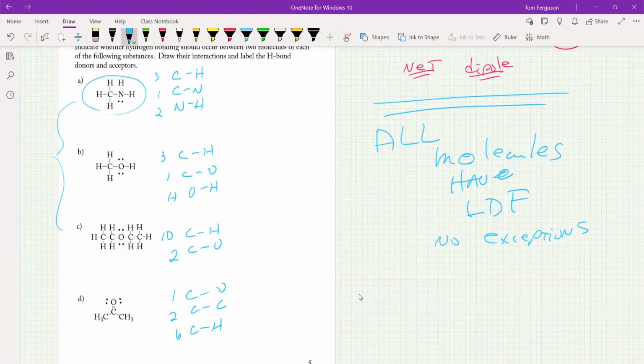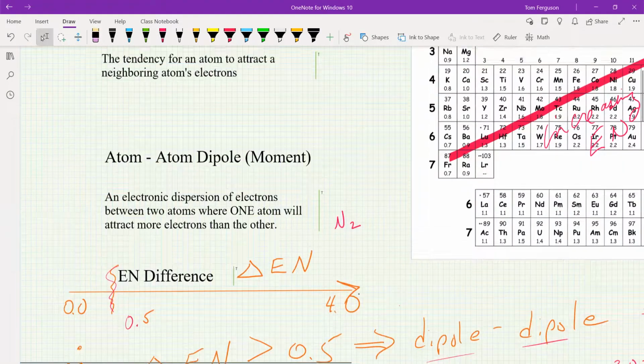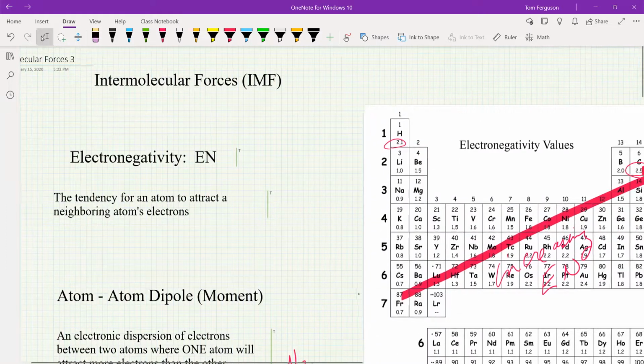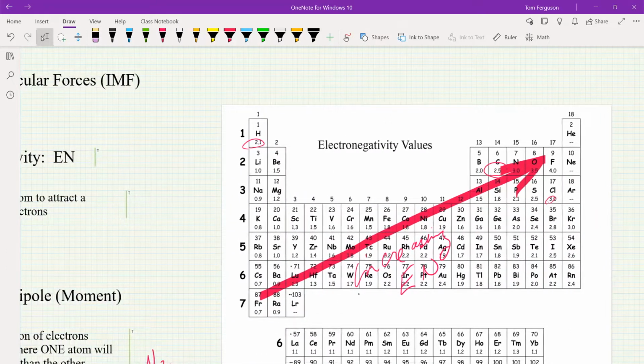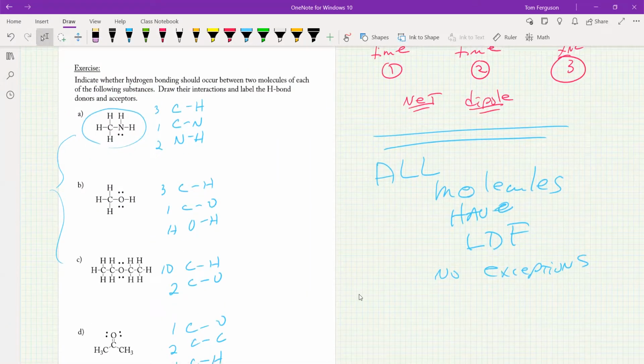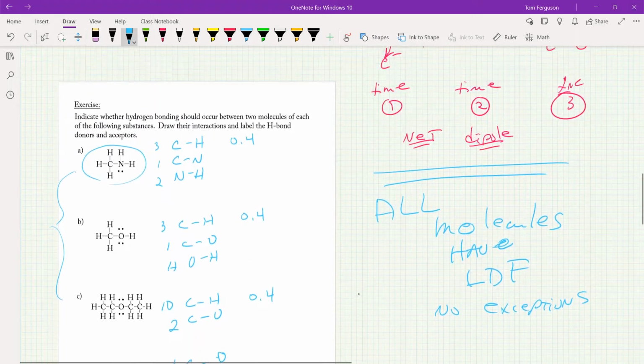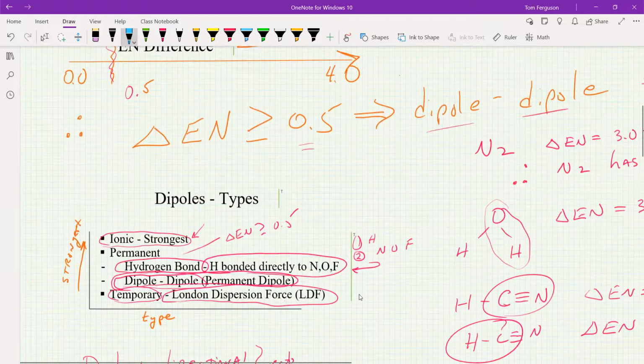Okay, well, CH we've already determined is 0.4. That's C is 2.5, H is 2.1. So that's 0.4. What about CN?